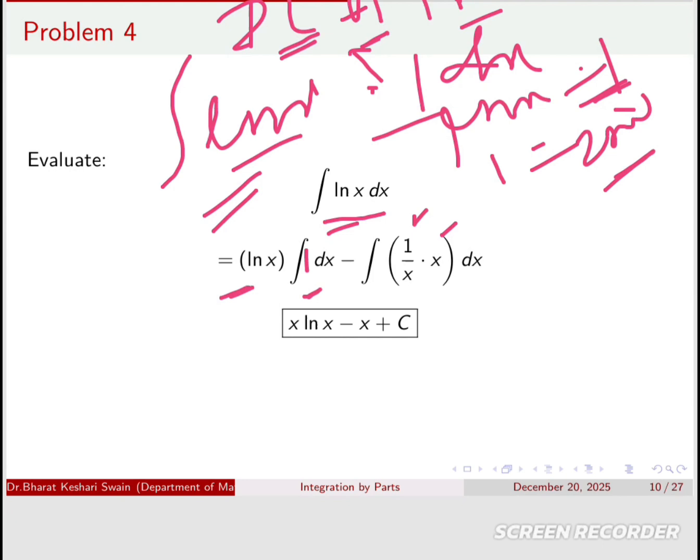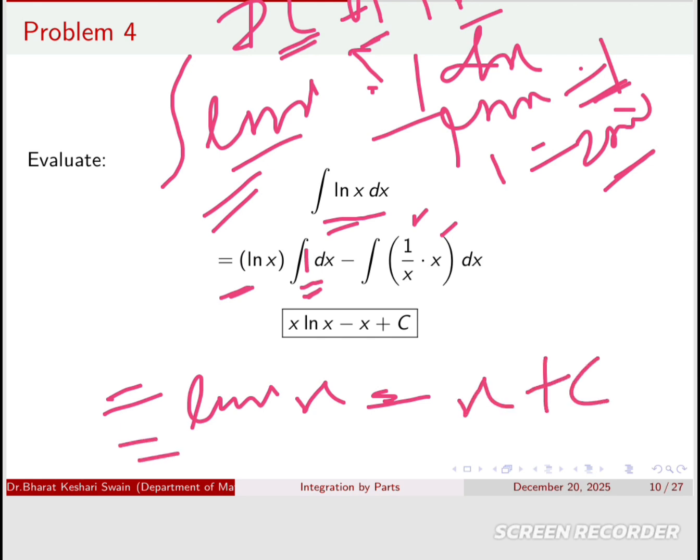Now this will be equal to ln x into integration of 1 dx, that means x, minus 1 by x, x cancels, so integration of dx means only x, plus c. So the result is x ln x minus x plus c. This is the result. And note that it is very, very important for the exam.